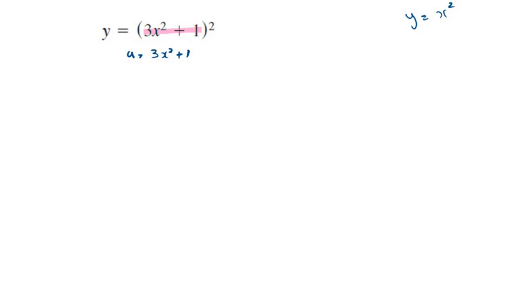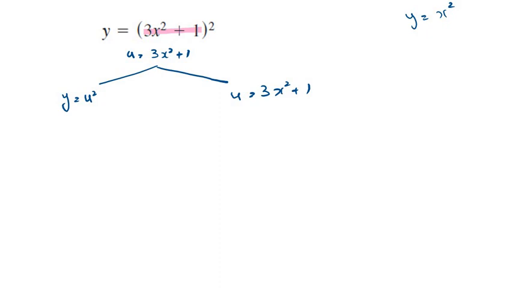Then we can say y is equal to u squared, and u is equal to 3x squared plus 1. Now we wrote the same function, but we separated out the functions so that this is a single function and this is a single function.